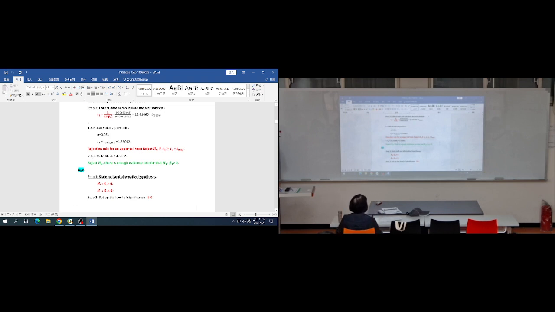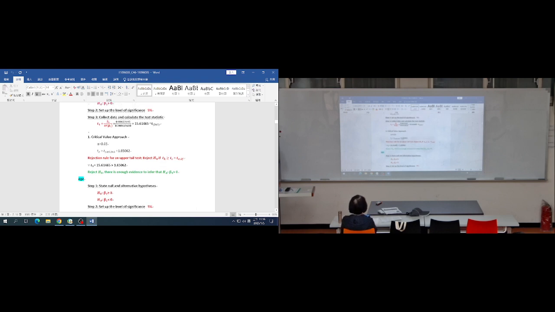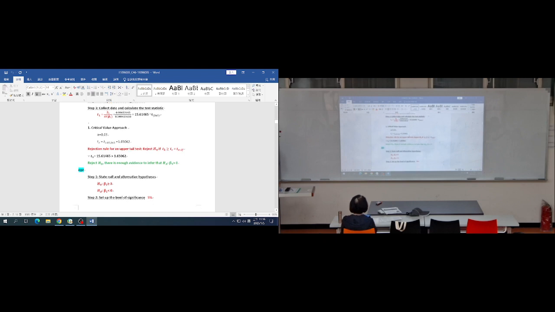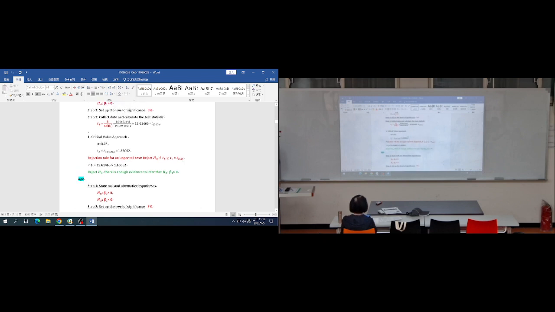And with enough evidence, we can infer that... How did you get 1.65062? It's from the textbook, from the book. From the textbook? Show me. Where can you find it in the textbook? The table? Yes, let's see the table.